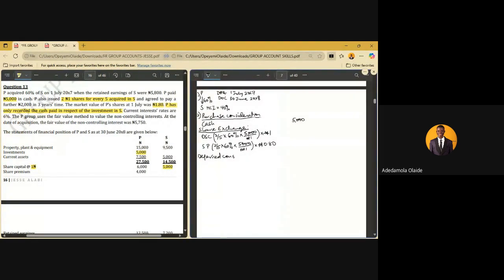Then deferred consideration. You can help me calculate and put it there.